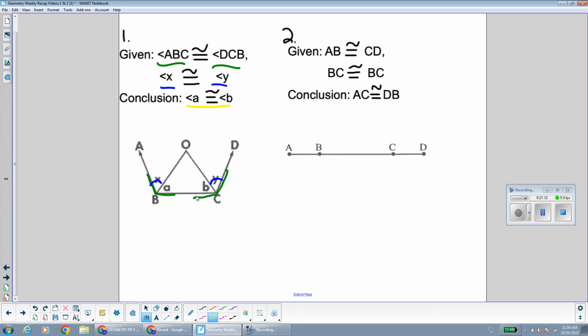So we're given the big angles and part of the angle. So it looks like to get the other part of the angle, we're going to have to do some subtracting here. So let's think about what we're going to subtract.